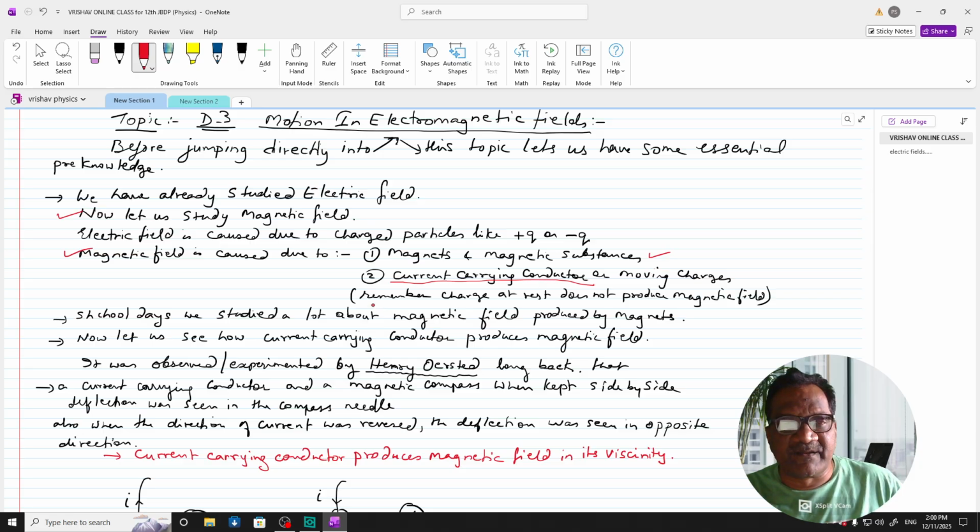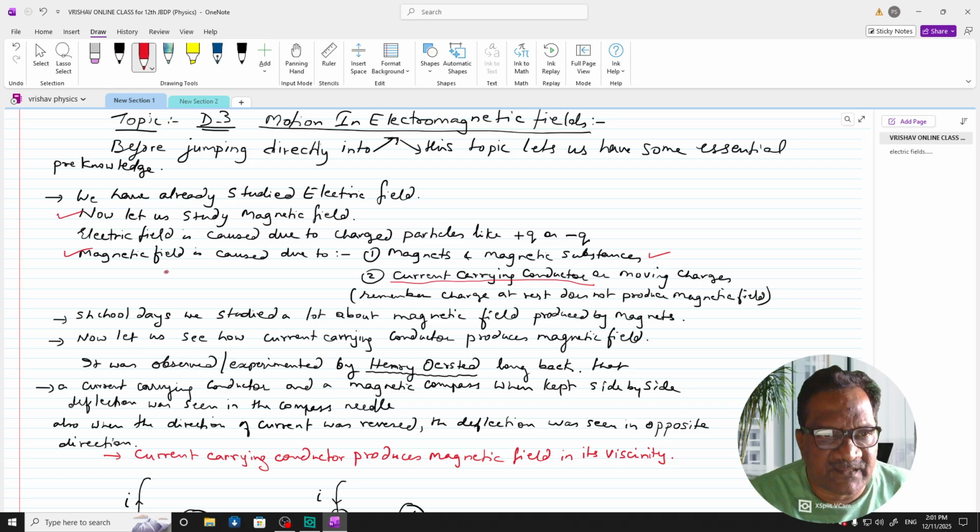But remember that charges at rest do not produce a magnetic field. If a charge is stationary, it is not going to produce any magnetic field. That is a very important point to note. Only if the charges are moving, as in the case of electric current flowing in a conductor, will such conductors produce a magnetic field in their vicinity.